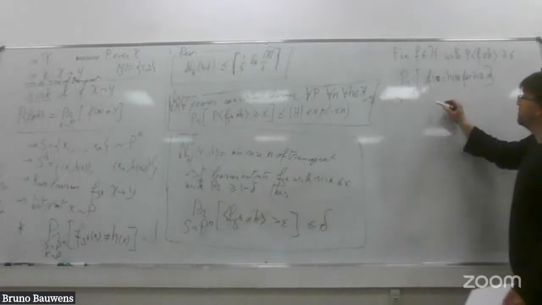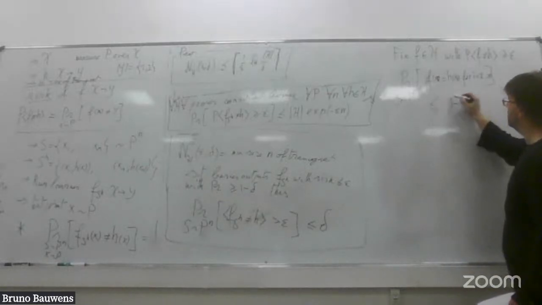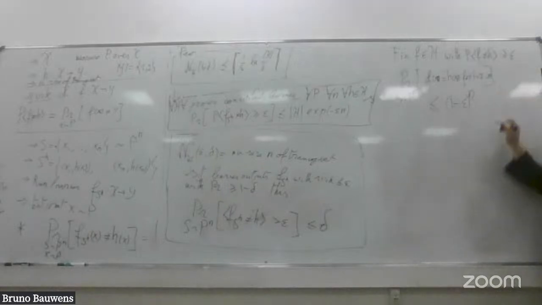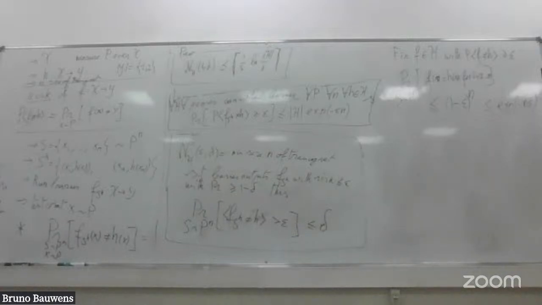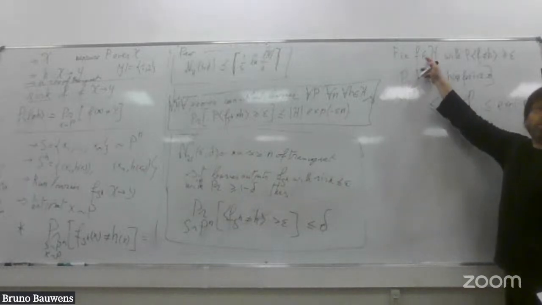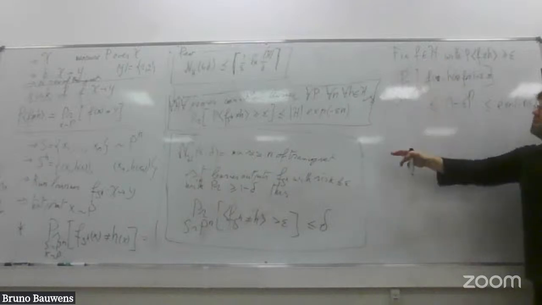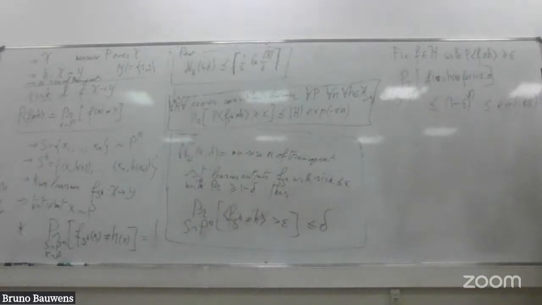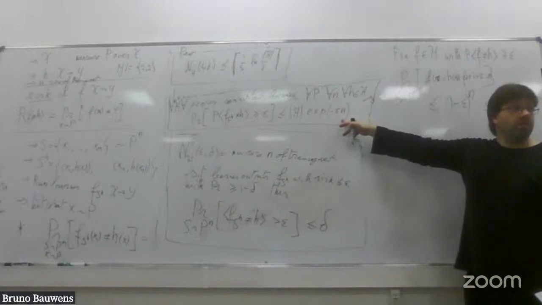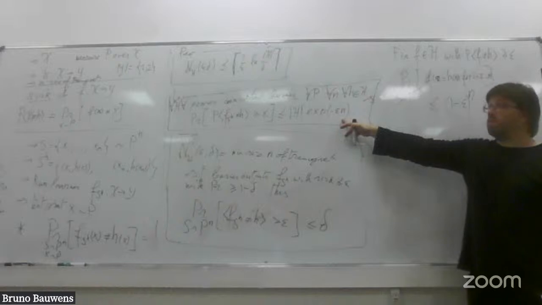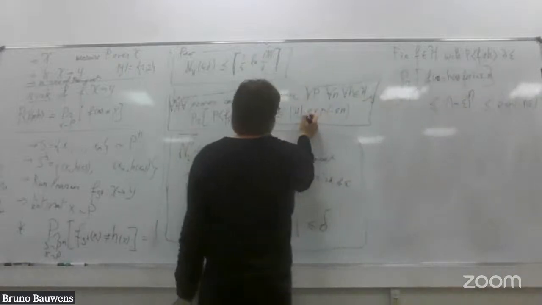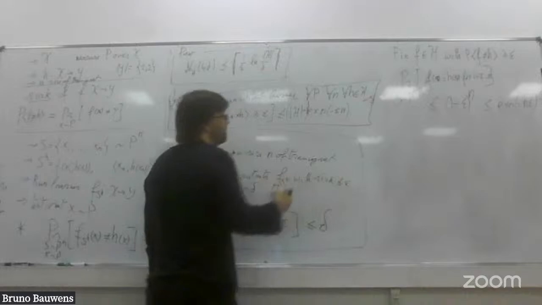The probability that this happens for all n inputs is (1 minus epsilon) to the power n, which is at most exponent minus n times epsilon. The same argument again. But this is just for a single f here. So we can apply the union bound and get this lemma. That's it, that's the proof. So actually we can use |H| minus 1 here. Do you see why?